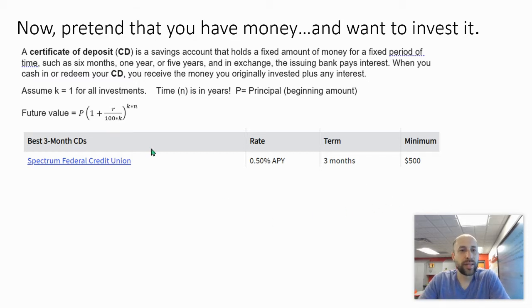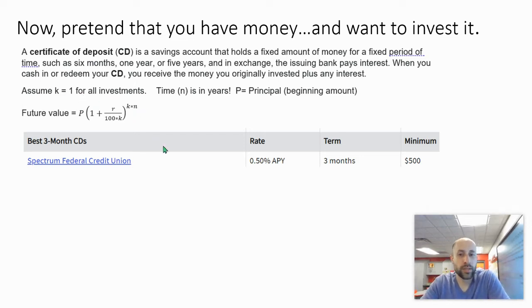So the bank is using your money, and so now you are the one gaining interest. Okay, so we can make this calculation with that formula again. This formula is the same. In this case, again, N is in years, P is the principal, K again is the compounds per year, but in this case, we're talking about investments. We're just calculating once per year.